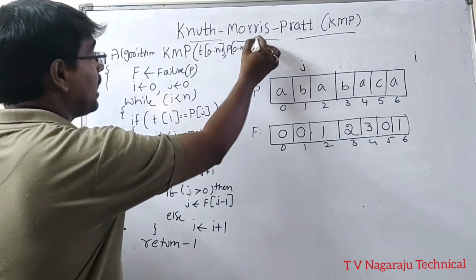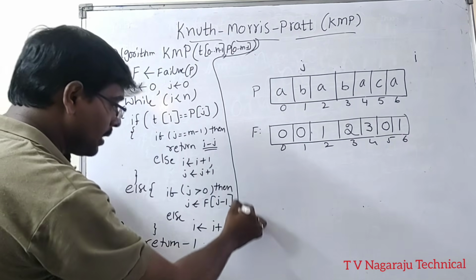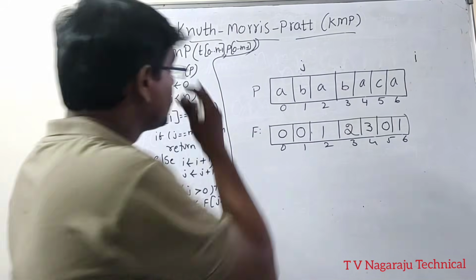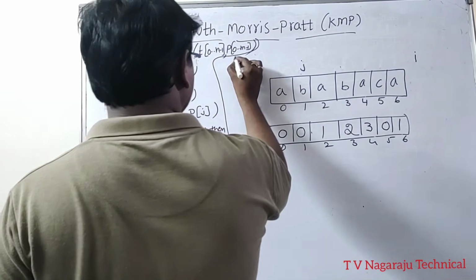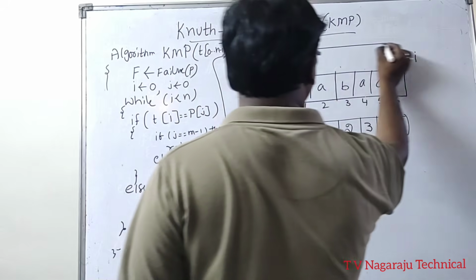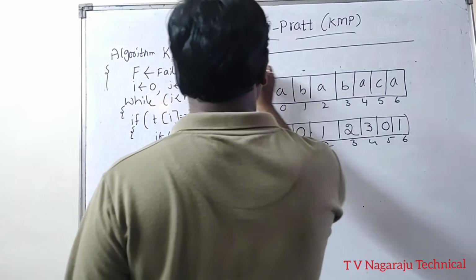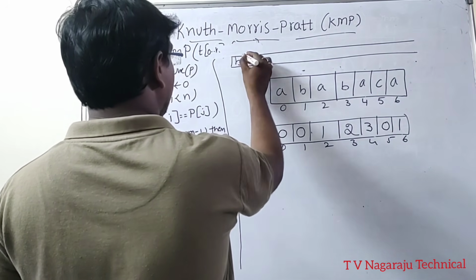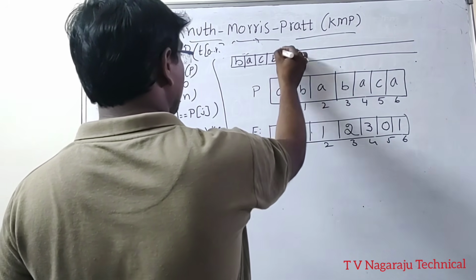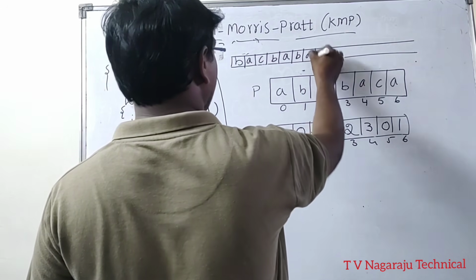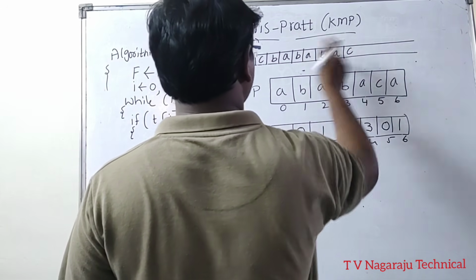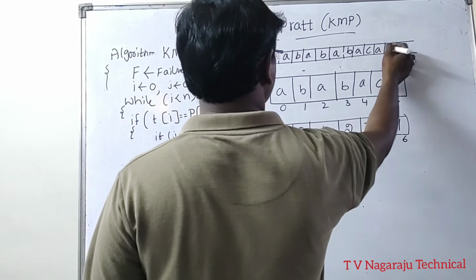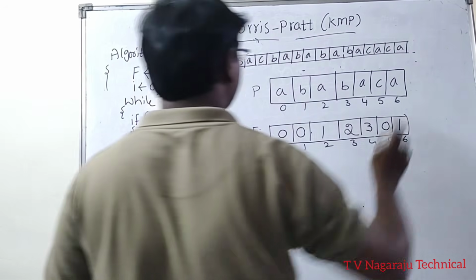Okay, now I will implement one example for this KMP algorithm. Suppose consider one text, I will write it down in boxes: B A C B A B A B A B. Suppose I will take this text.